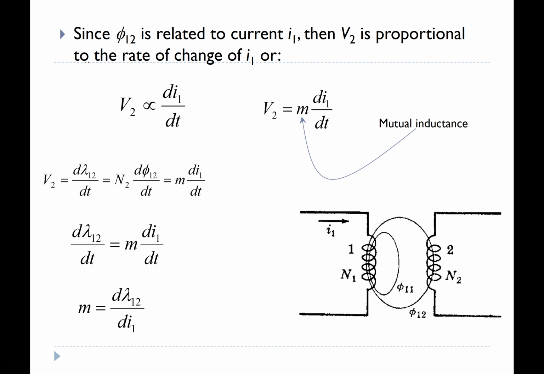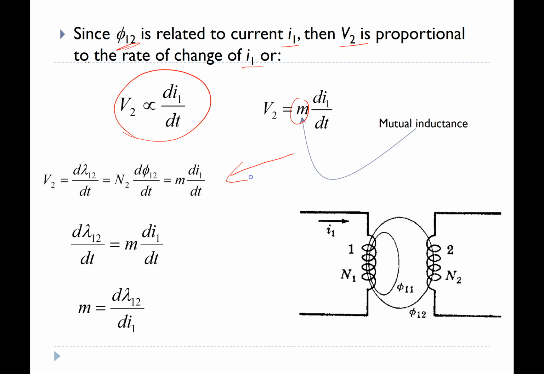So since phi 12 is related to the current I1, then we could say that V2 is proportional to I1, or if we introduce a constant, V2 is equal to M di1/dt, and this M is the mutual inductance, as we will see now.